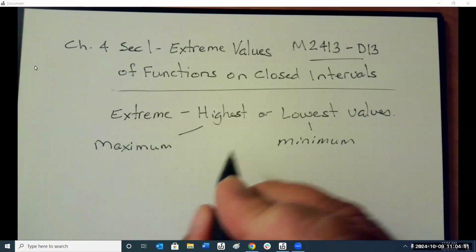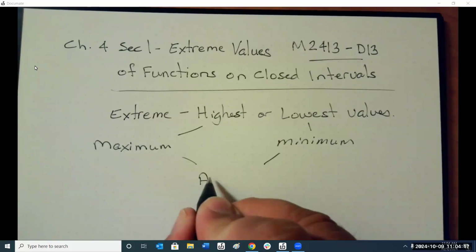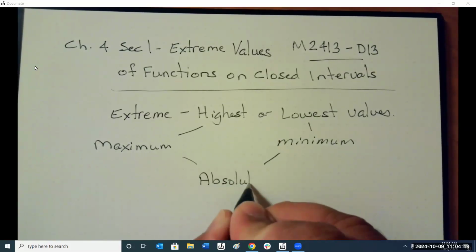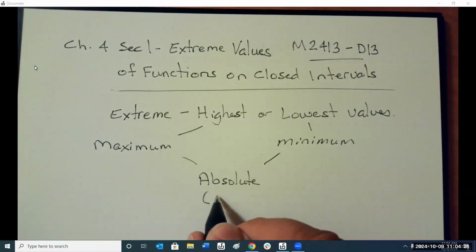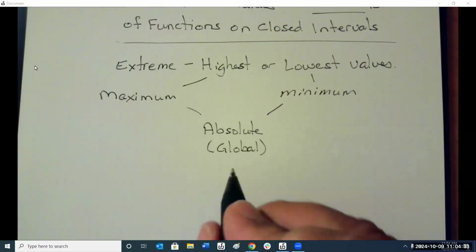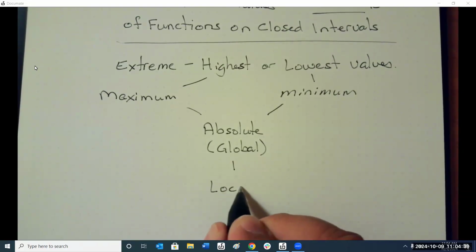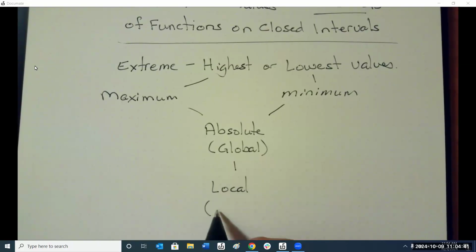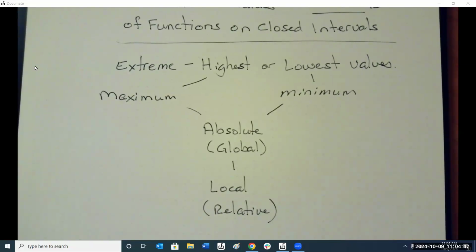You can either be absolute, which means overall, every one of them, which is also global. And it could be local, or it's also called relative. And we'll discuss relative to what in a second.